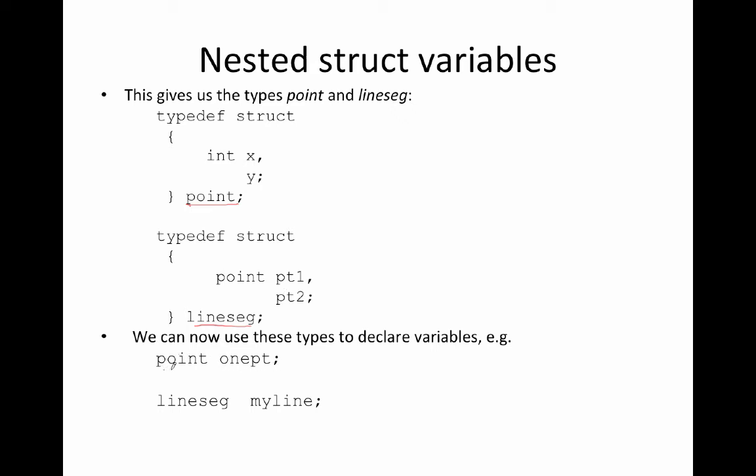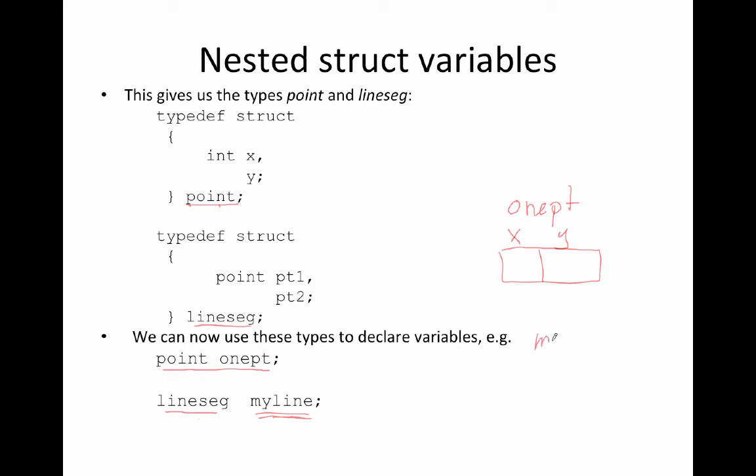For example, point 1pt, or onePt, is a variable of the type point, which means it has x and y coordinates. So onePt is my variable that is a structure that has x and y coordinates. And I also have lineseg myline, so that's declaring a variable called myline to be the type lineseg.